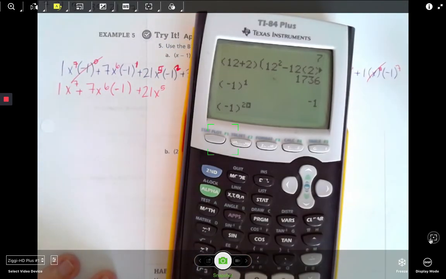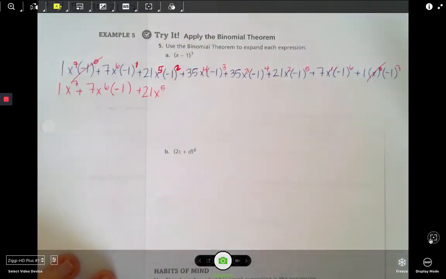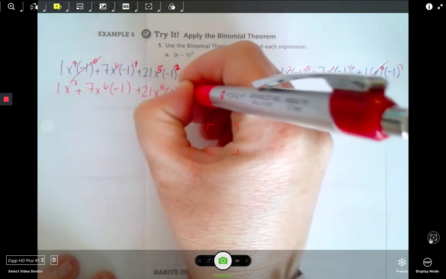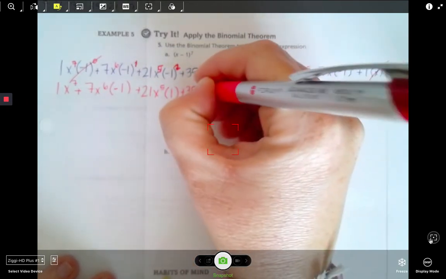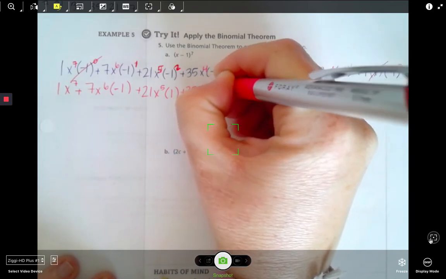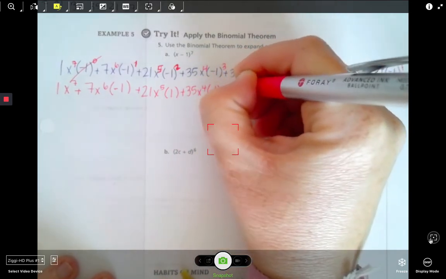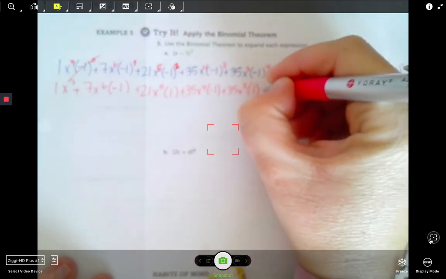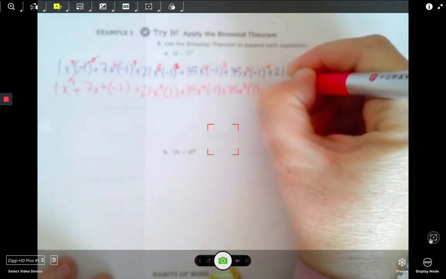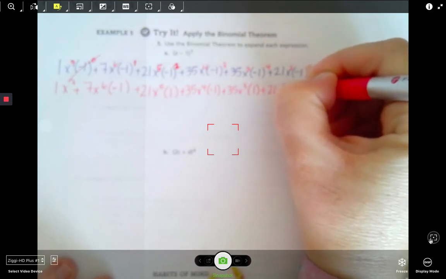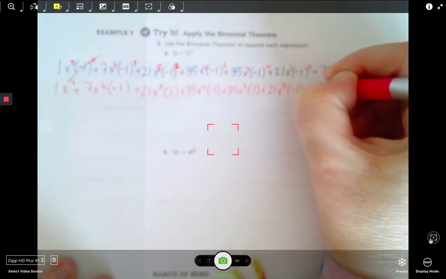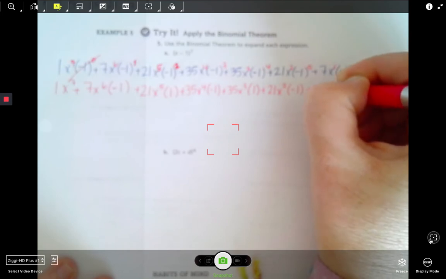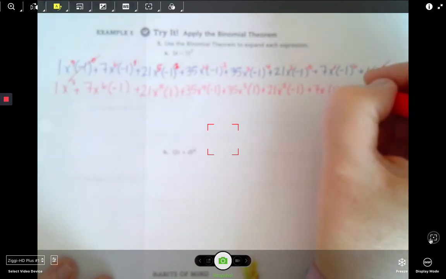Negative 1 raised to the second power is positive 1, plus 35x to the 4th times negative 1 plus 35x to the 3rd times positive 1 plus 21 times x squared times negative 1 plus 7 times x times positive 1 plus 1 times negative 1.